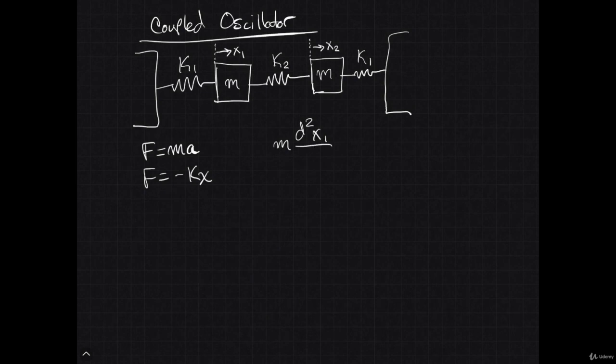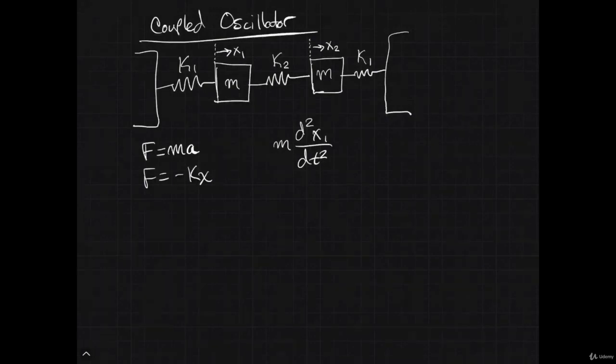This is essentially our F equals ma of this particular mass, and we're going to set that equal to this kx, which is effectively the force applied on this mass as a result of any displacement x1.